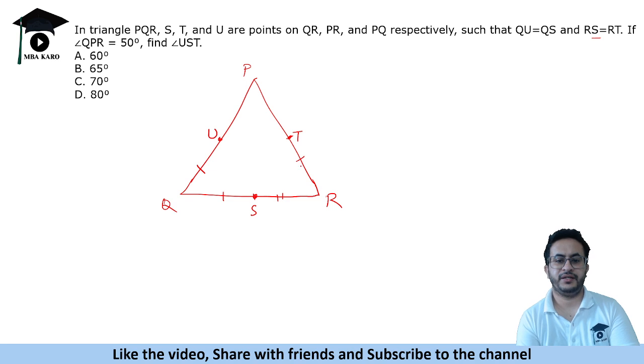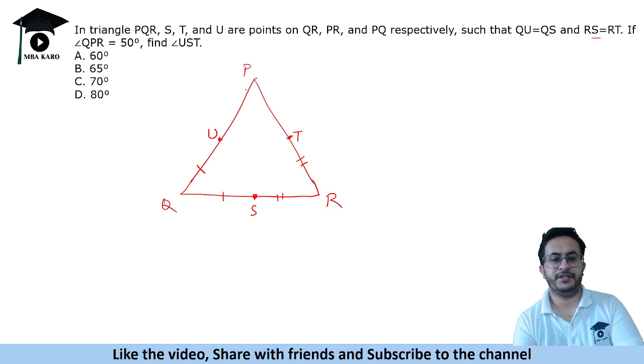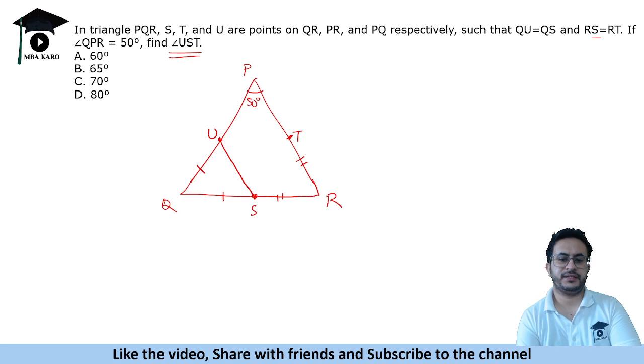So these are equal line segments. If angle QPR is 50 degrees, we need to find angle UST. So basically we have to find this angle.